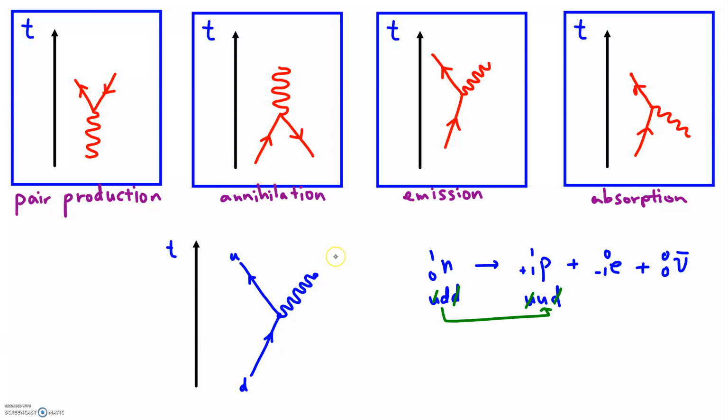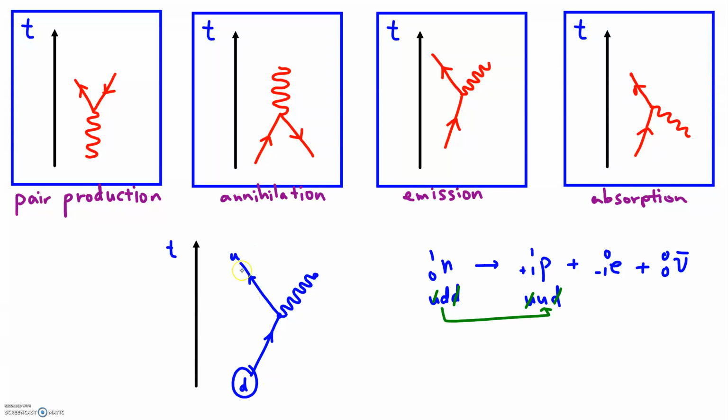This exchange particle can't just disappear, and in fact, we know what's going to happen. We're going to have pair production. But look at what we have so far. Right now, this looks like emission, right? We've got one thing emitting an exchange particle and then it continues to be matter.